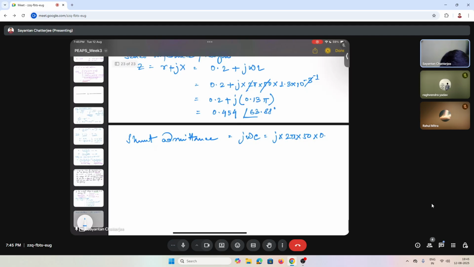So the final value will be 3.14 into 10 to the power minus 6, and since j is there, it is j 3.14 into 10 to the power minus 6. So we have these two values. Characteristic impedance ZC we can calculate now.